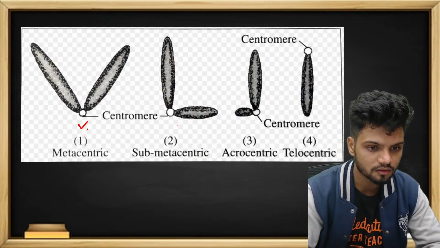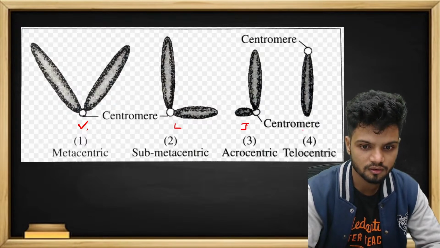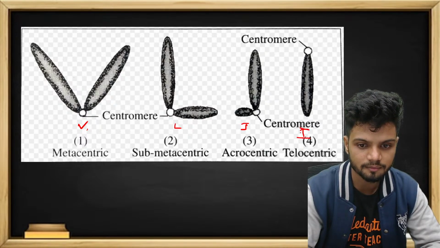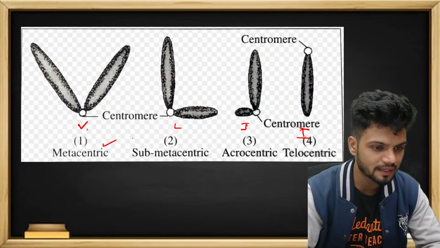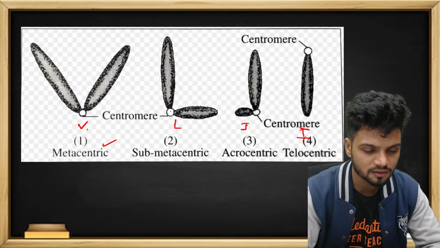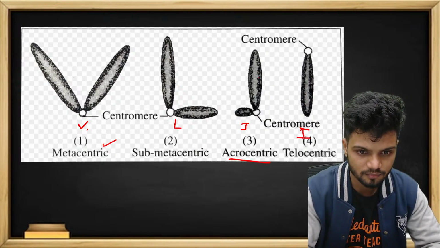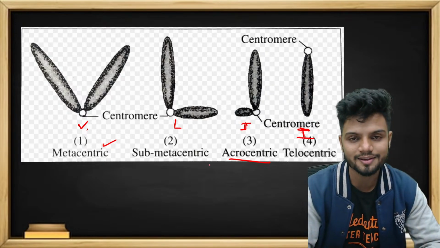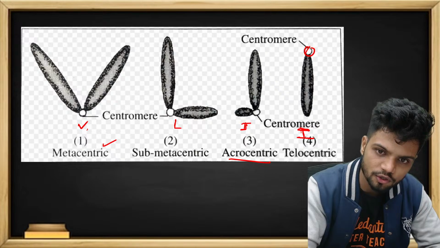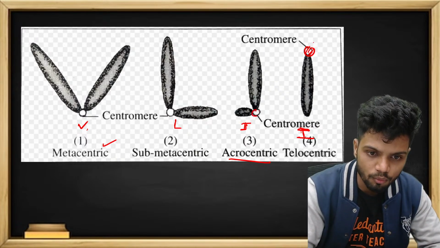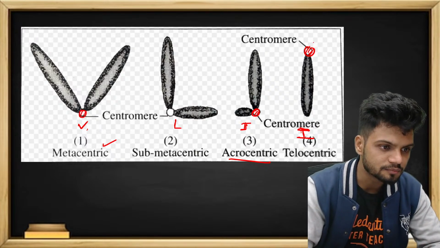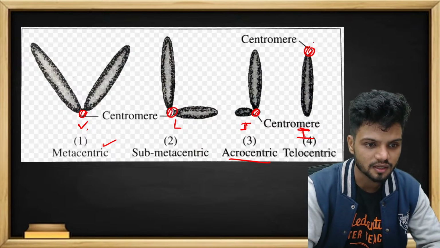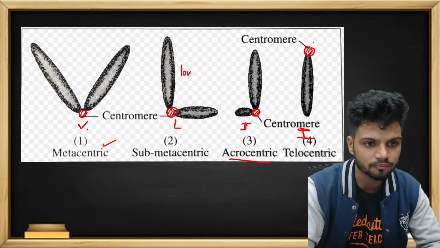V, L, J, I. V is in the case of metacentric, submetacentric is L, acrocentric is going to be J shape, and telocentric is going to be I shape. Based on the location of the centromere, if it's completely terminal, almost terminal, in the middle, or away from the center, one arm is longer and the other is a little shorter.